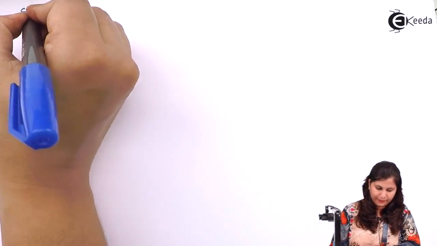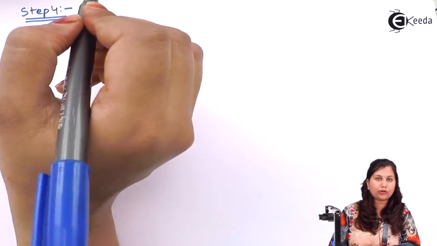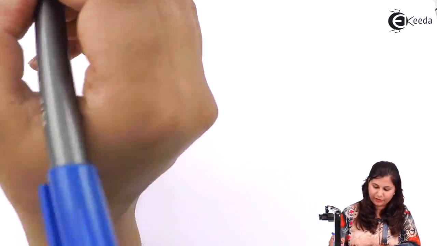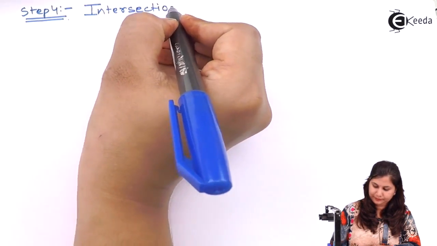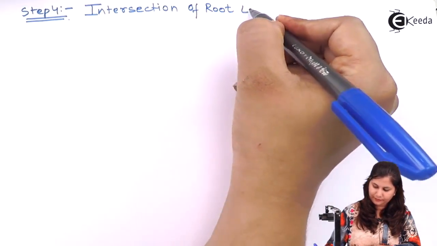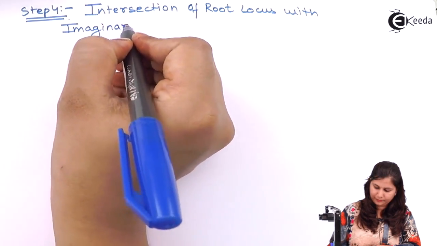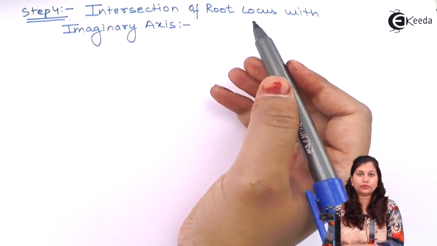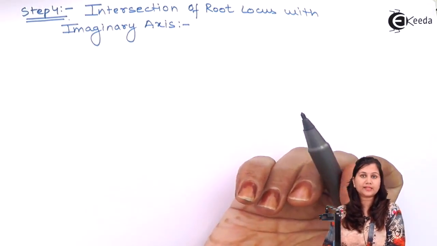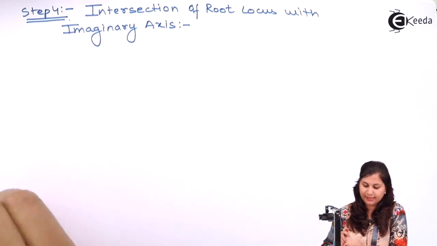Now our next step will be step number 4. We will find the intersection of the root locus with the imaginary axis. To find this intersection, we have to first find the characteristic equation of this system.